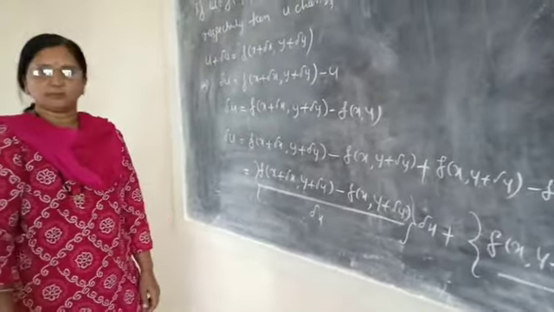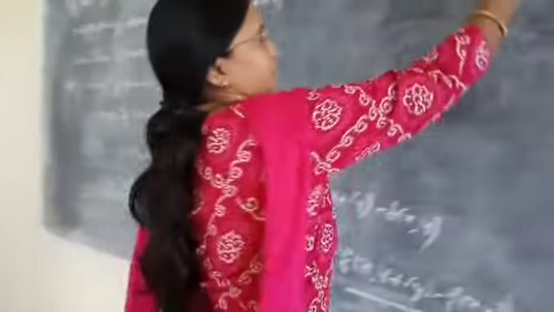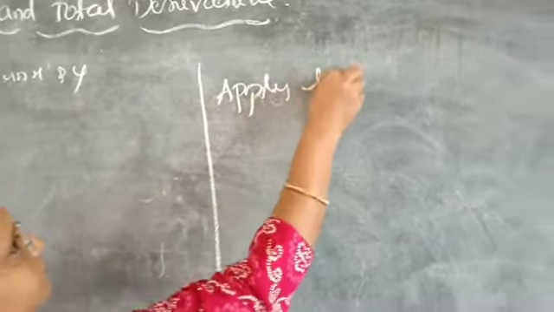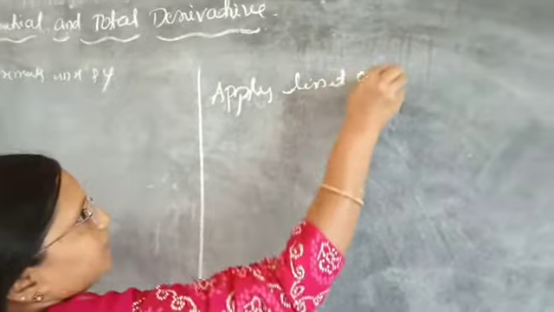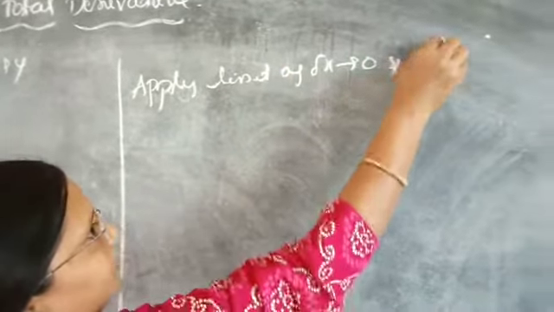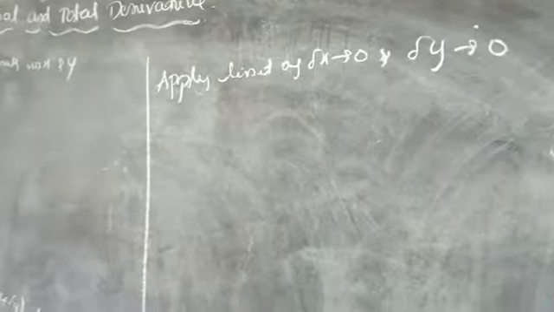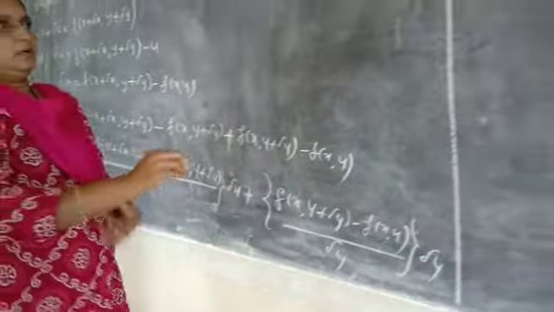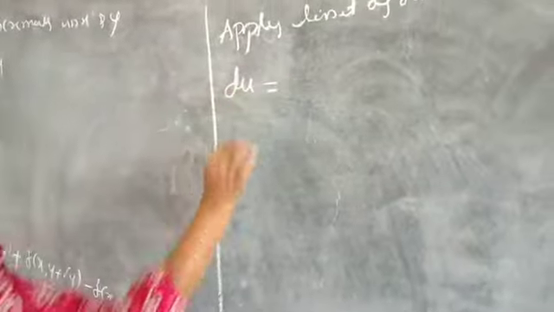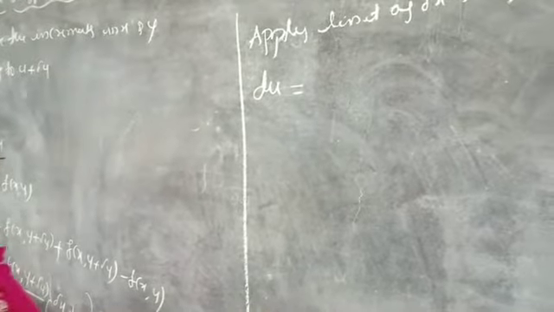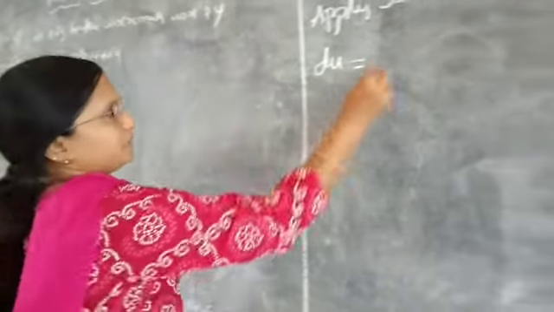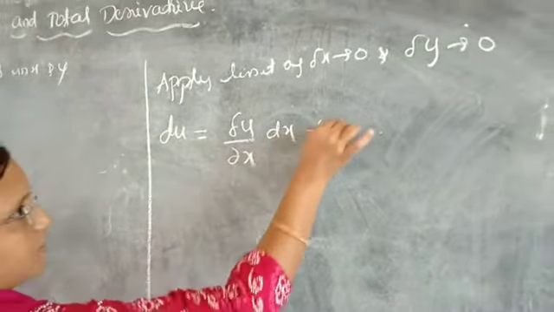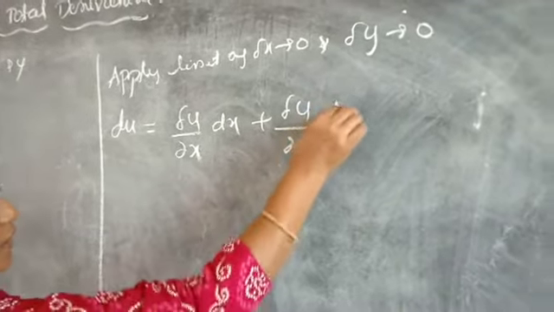Then applying limit on both sides, as delta x tends to 0 and delta y tends to 0, this above equation becomes du is equal to, from the definition of partial derivatives, dou u by dou x into dx, plus dou u by dou y into dy.